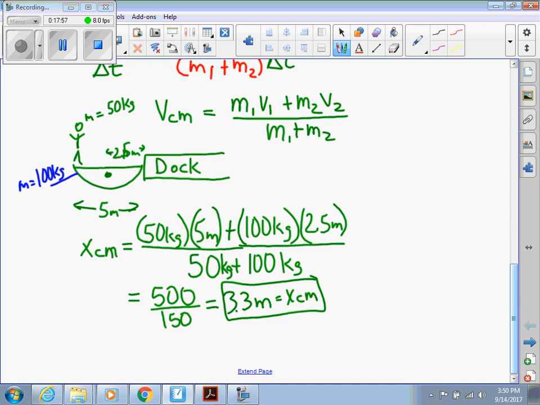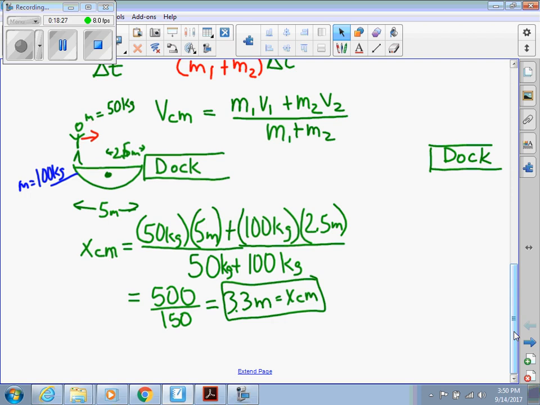So if we have another situation where we still have our dock, except the boy starts walking this way toward the dock. We know that the velocity of the center of mass is going to stay the same. The velocity of the center of mass of the system is 0.